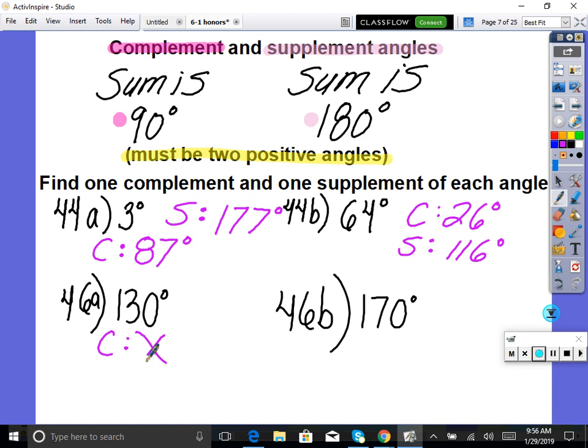So you can't do that. It has to be addition. There's no complement. Our supplement, however, is 50 degrees because that can go to 180. So same here. The complement, to get back to 90, would take subtraction. That doesn't work, so no complement. Our supplement would be 10 degrees. Okay. So let's just get those ones done off the homework as well.